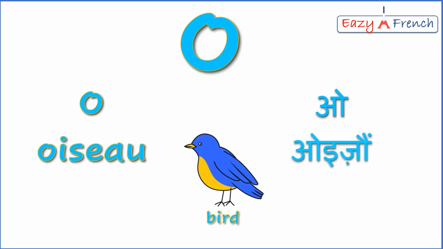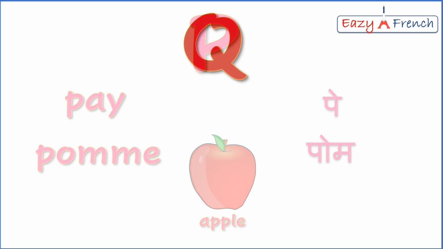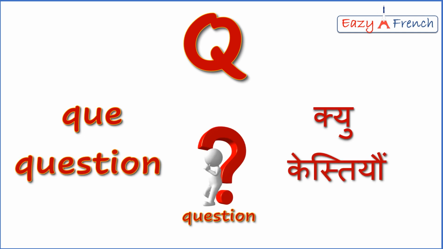O, similarly like English, oiseau, that's a bird. P, it is P, pomme, an apple. Q, it's again like English Q, question, that's a question.